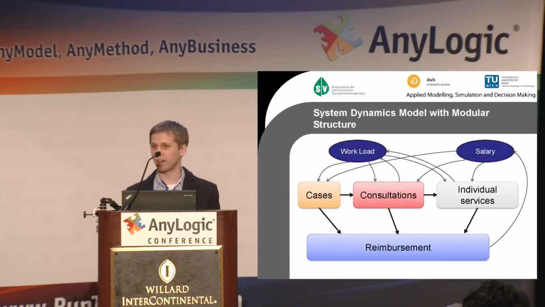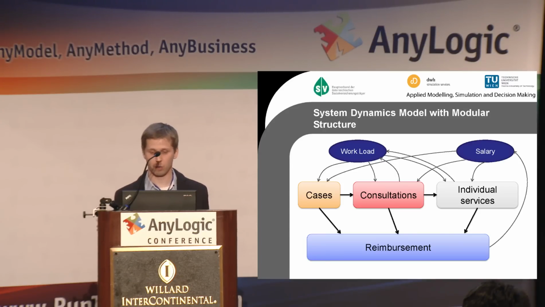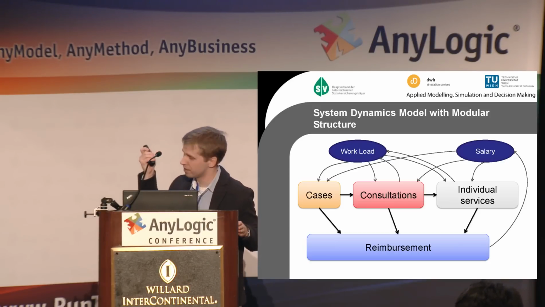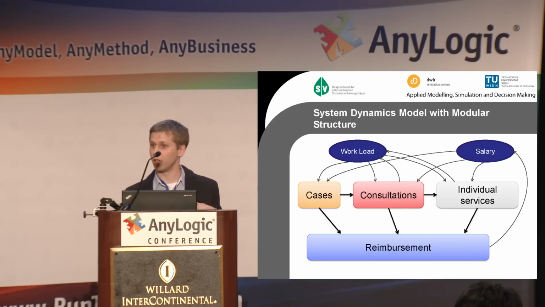So in this case, we did a system dynamics model, and our view of the problem was that we have, on the one hand, the cases. A case is if a patient goes at least once in the reimbursement period, in one quarter, to the provider, then he has a certain amount of consultations, maybe just 1 time, maybe 3 times in this quarter of a year.